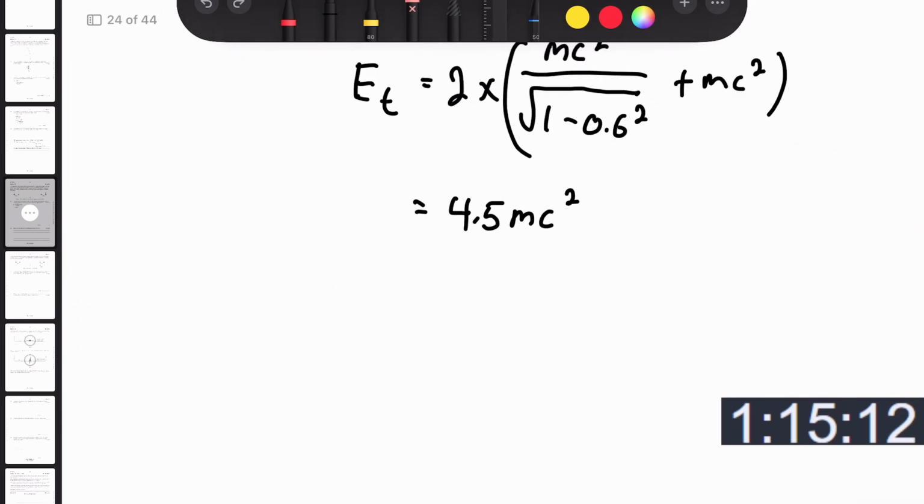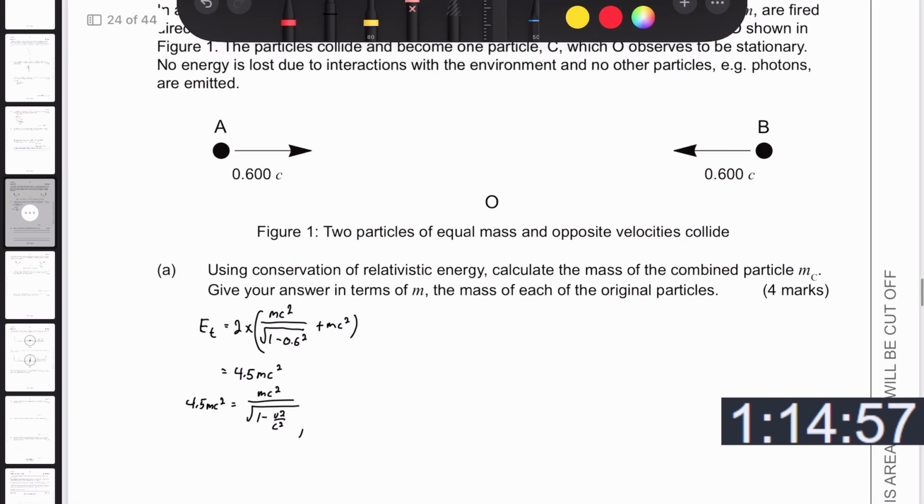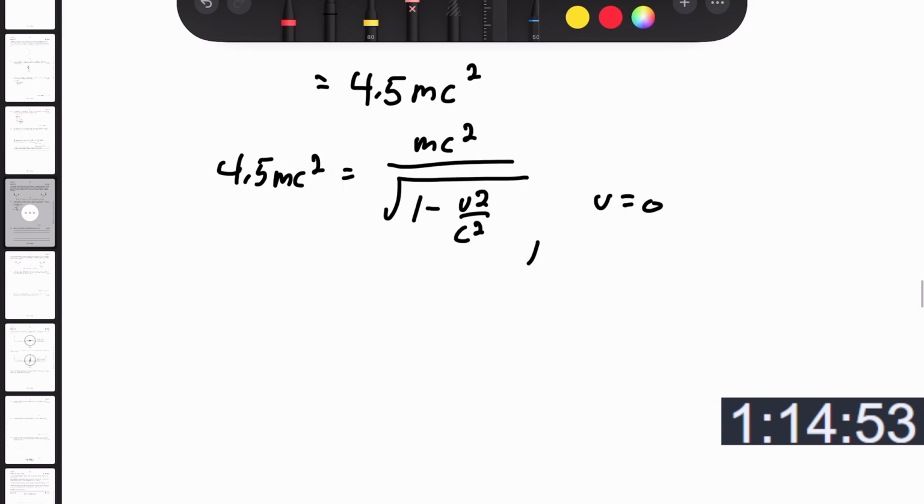So if 4.5 mc squared equals its own mass mc squared over the square root of 1 minus v squared over c squared, where v is 0.